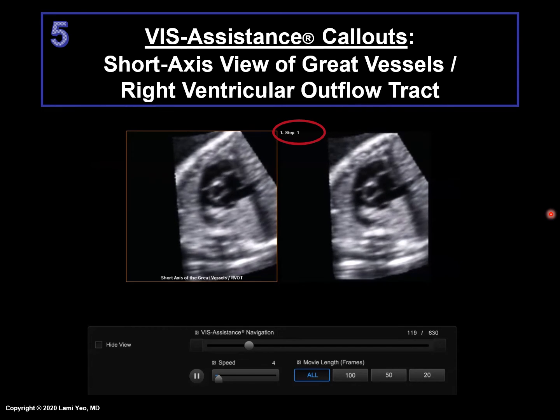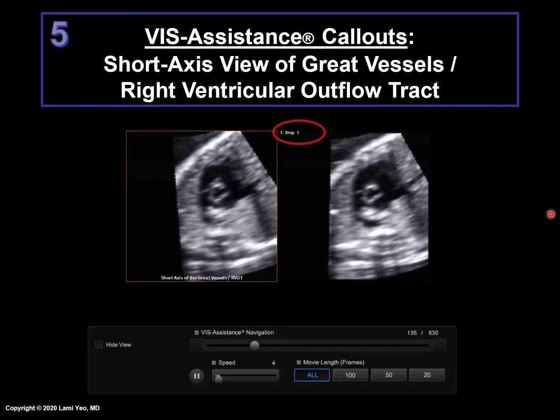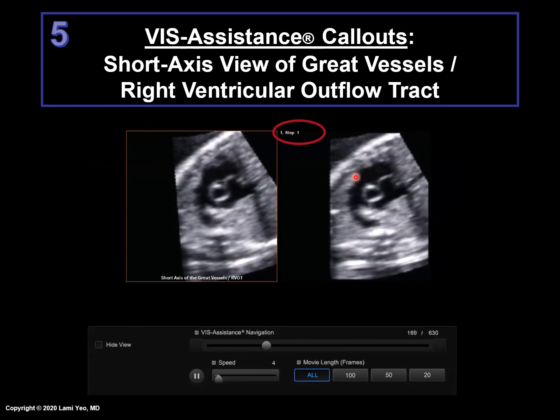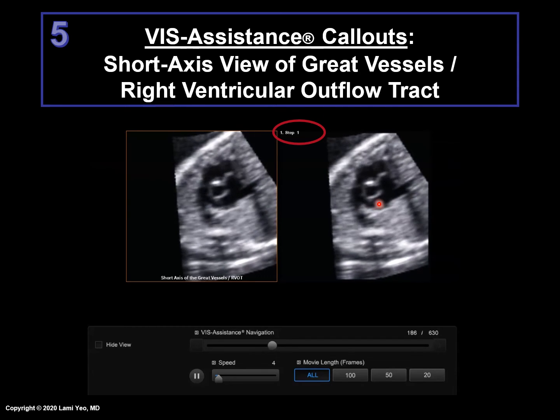The first call out states step 1 and may show the pulmonary artery bifurcation into the right and left pulmonary arteries. For this specific case, the left pulmonary artery is not seen well.